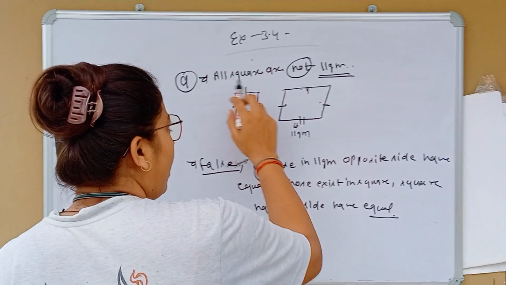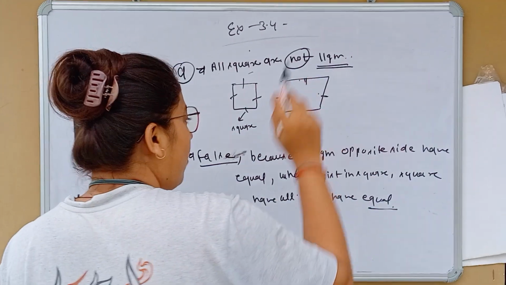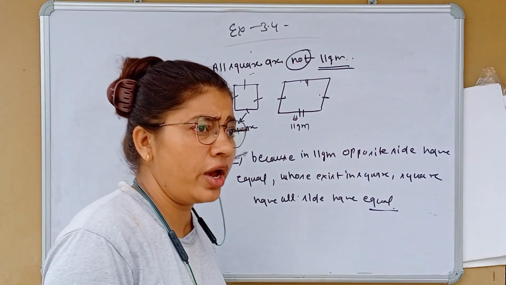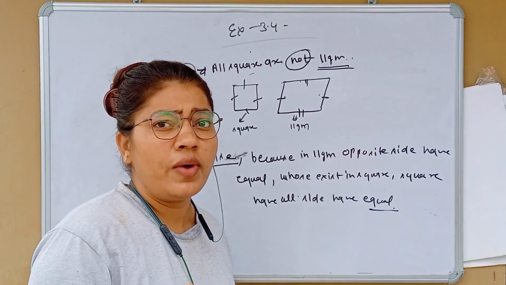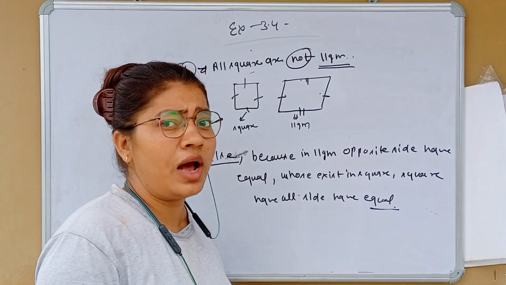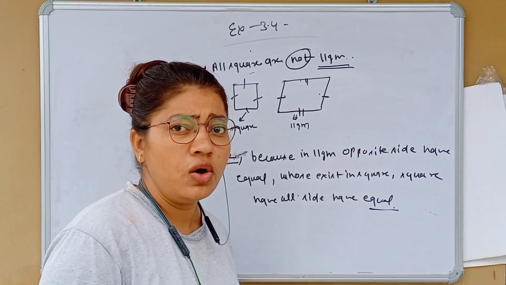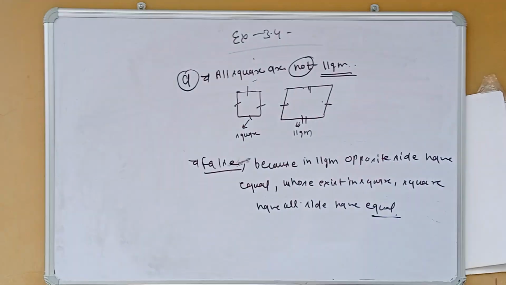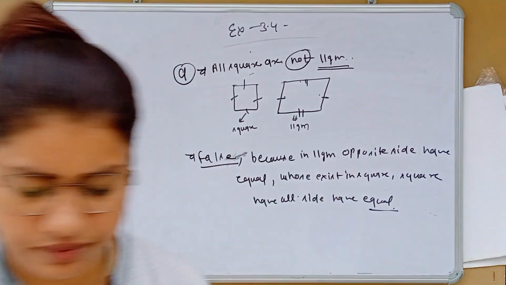So all squares must be parallelograms. We cannot say that all squares are not parallelograms. The vice versa is not true. Vice versa we can say that all parallelograms are not squares, so that is true. But here all squares are parallelograms. So first write.